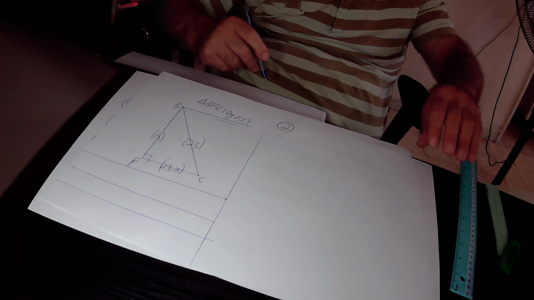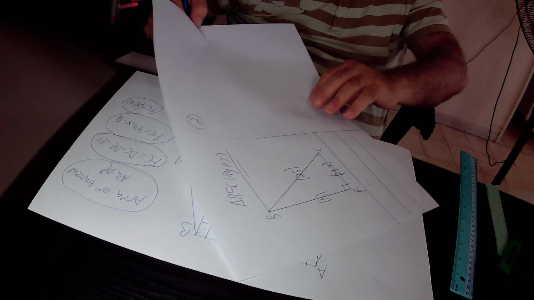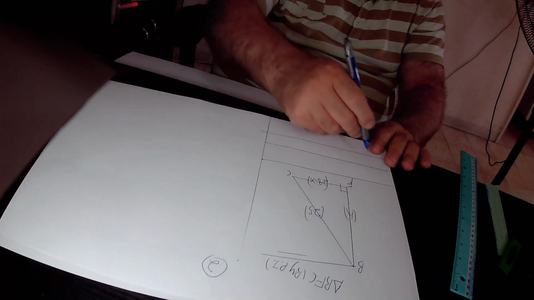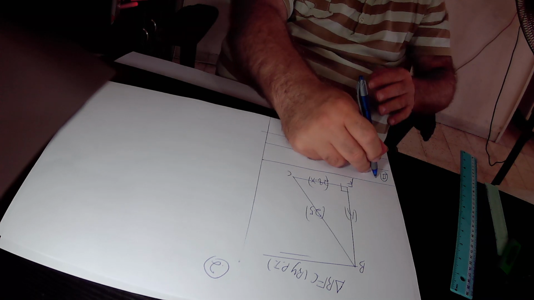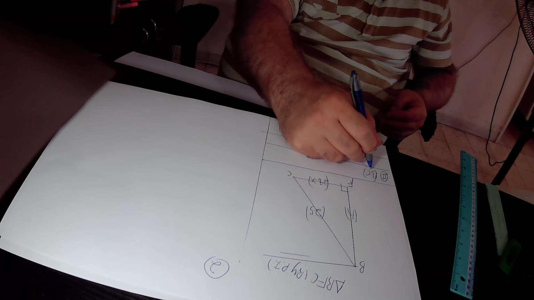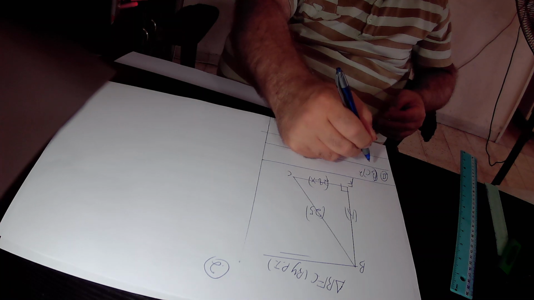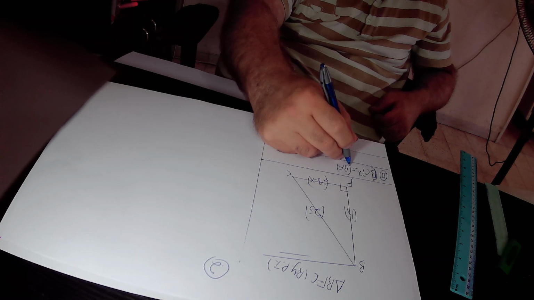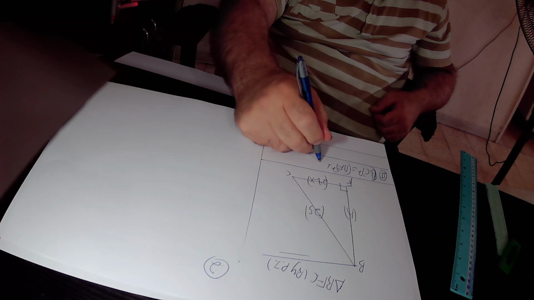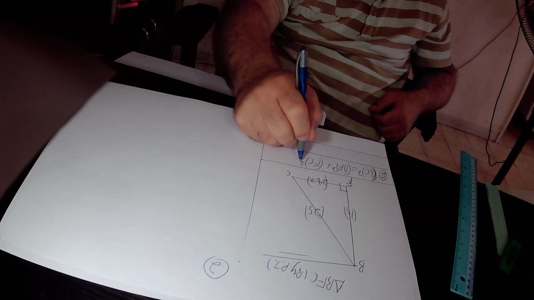So I write it down. This will be equation 2. BC squared, that is the square of the hypotenuse, is equal to BF squared plus FC squared.